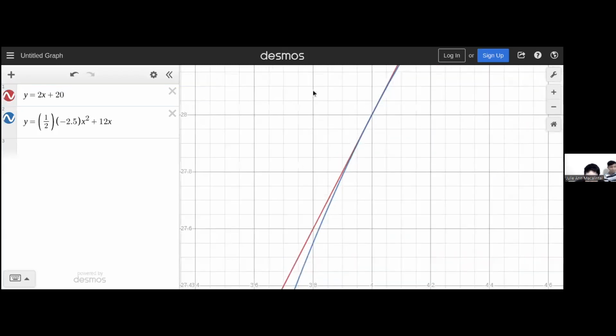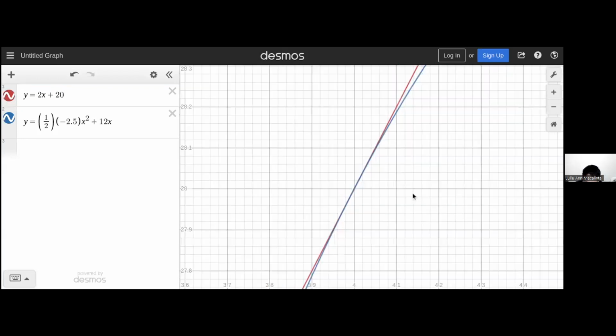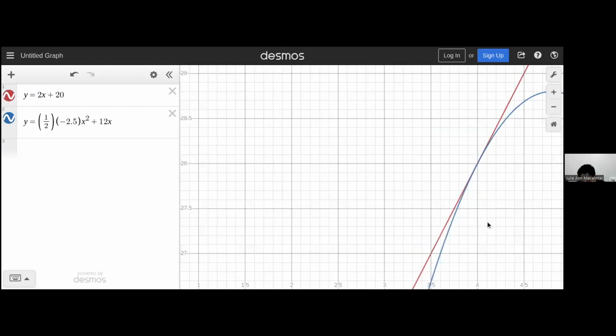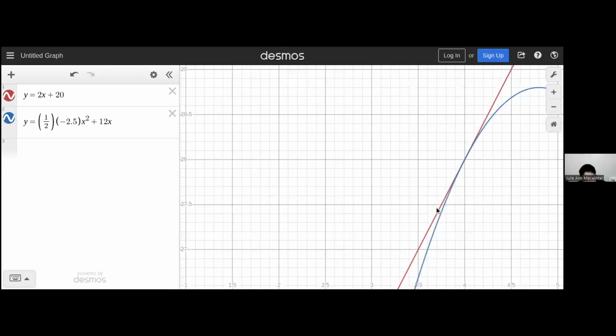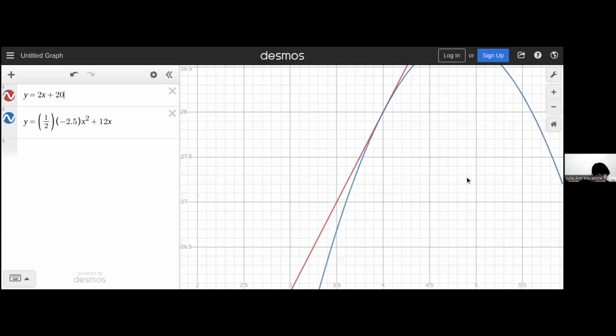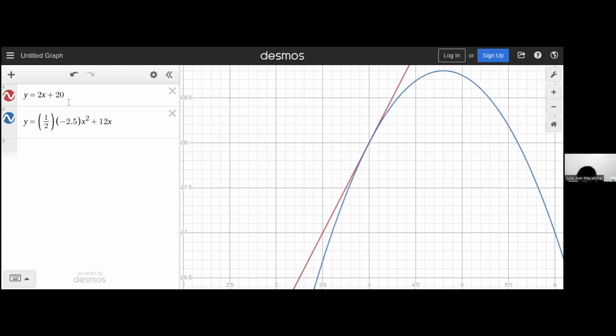Mas mabuti i-solve analytically. Nahihirapan yung Desmos. So mukhang may isang instance lang na nagpapareho, no? Pero ganyan. So at least solve the quadratic to get t and then find x.